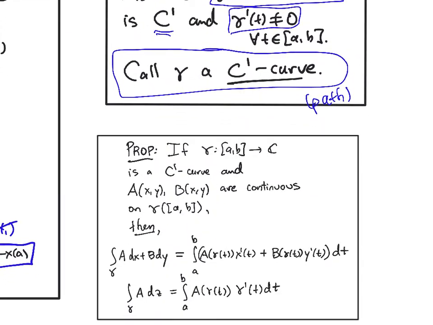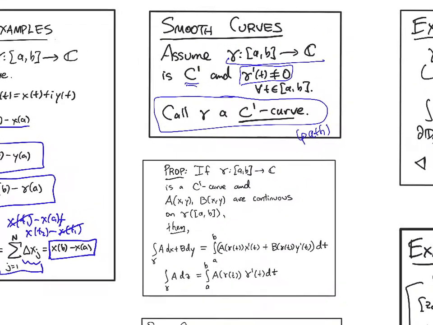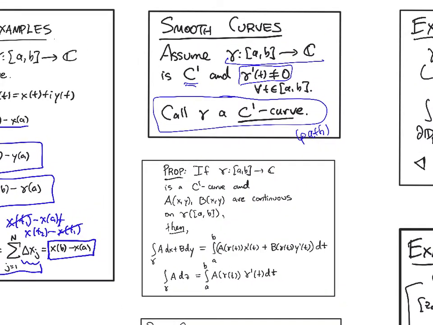And the main thing to know about C1 curves is that we can easily compute the integral of a one form along a C1 curve just using a standard real integral.